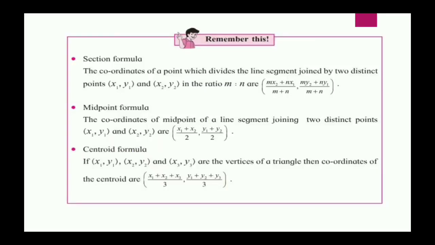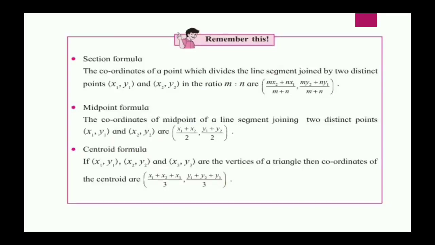The coordinates of a point which divides the line segment joined by two distinct points (x1, y1) and (x2, y2) in the ratio m:n.